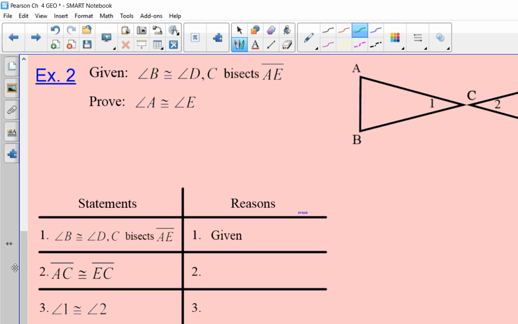Write down the given, write down or draw the picture, and then we kind of started this proof off for us a little bit, so we'll go ahead and just fill in what's blank. So this one might be a little easier start for us to get going here, okay? So if you want to hit pause and then come on back, and then we'll go over the solutions to this one.